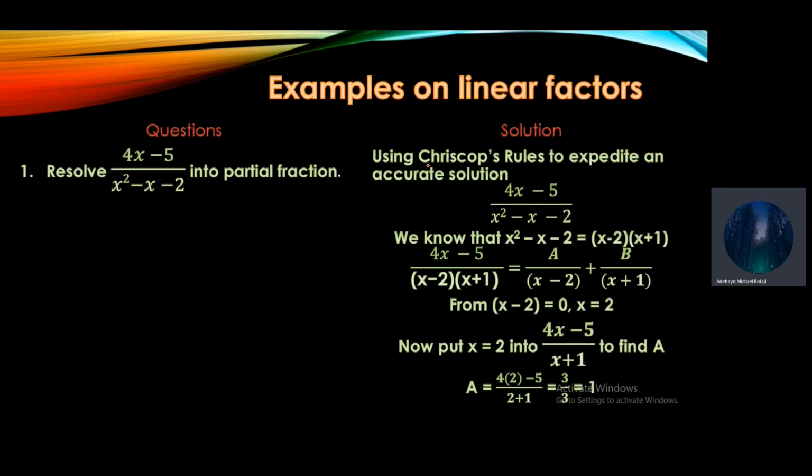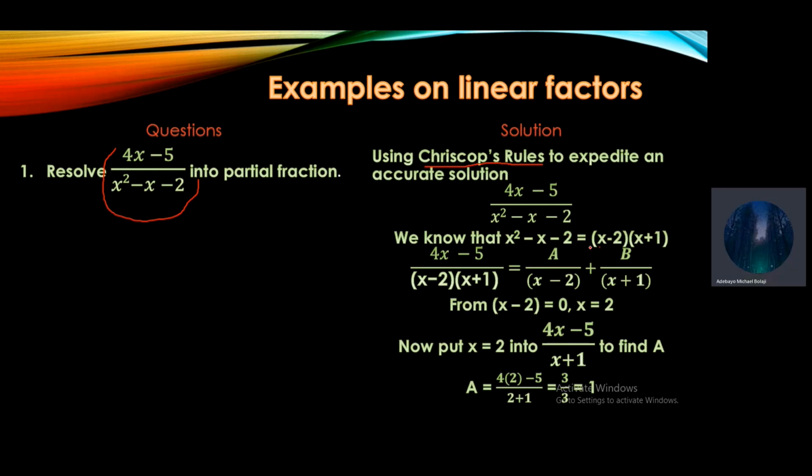Now the name of this shortcut is the Kirchhoff's rules. Yes, it's called the Kirchhoff's rules. Now, having a partial fraction 4x minus 5 over x squared minus x minus 2, we know that x squared minus x minus 2 is a quadratic expression.